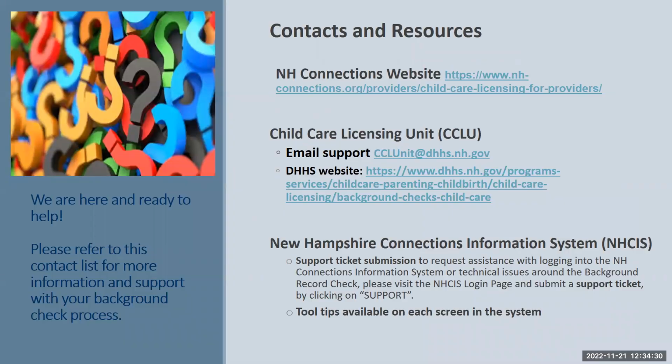Now, who do I call if I have a problem? You can go to the New Hampshire Connections website, and again, it's under Providers and Child Care Licensing for Providers. If you need help getting access to your New Hampshire Connections information system account, the Child Care Aware team can help you.